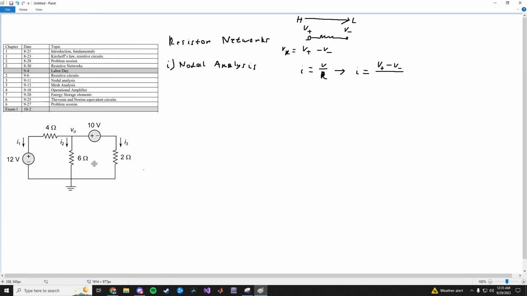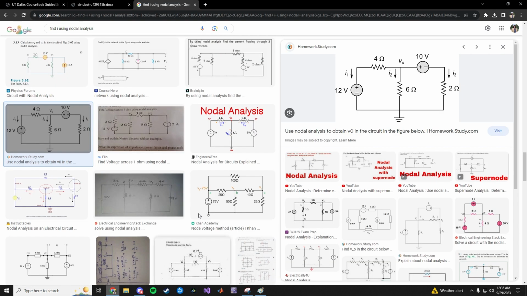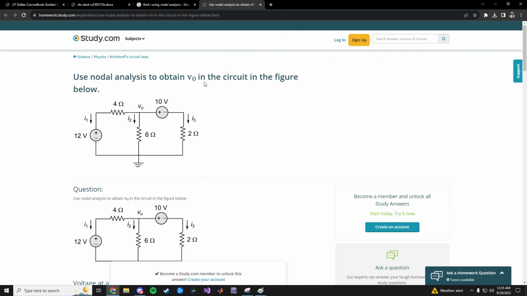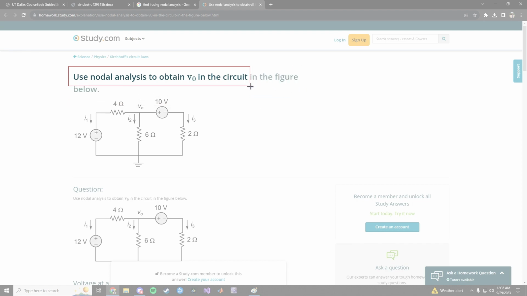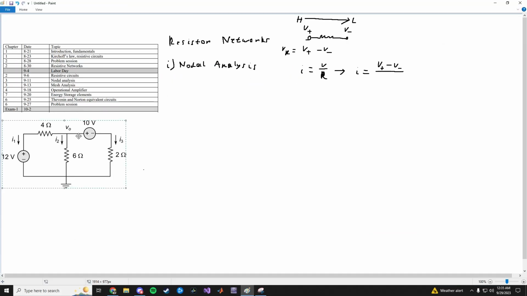So let's go ahead and solve this one using nodal analysis. Let's see what the website says. Use nodal analysis to obtain V0. All right, let's copy that. So this is the problem. We have to use nodal analysis to find V0 in the circuit, and V0 is this node here.